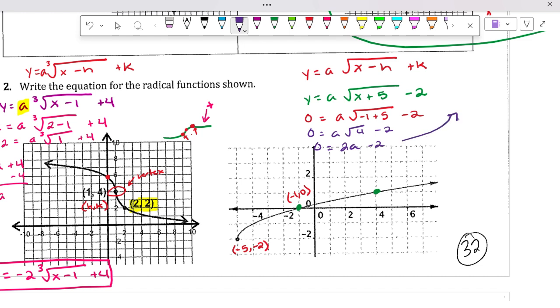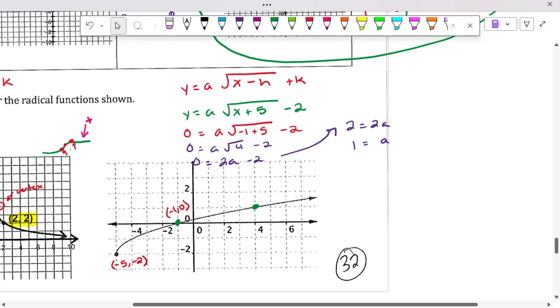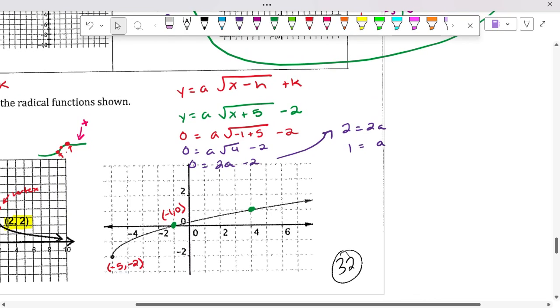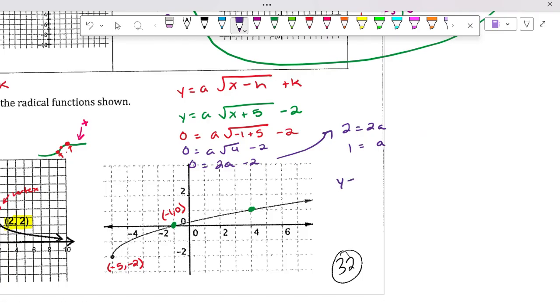Add the 2 to the other side, you get 2 equals 2a, so what's a equal to? 1. So when we plug it back in, the a just goes away because we're just multiplying by 1. So my final answer would be y equals the square root of x plus 5, minus 2.